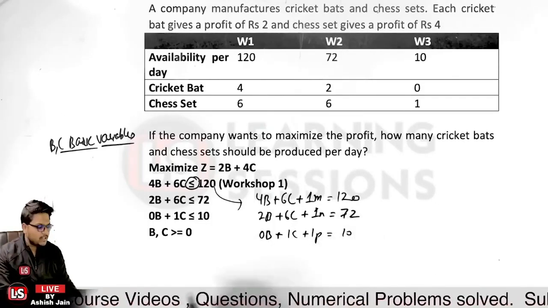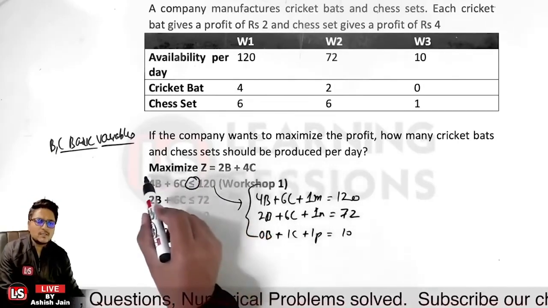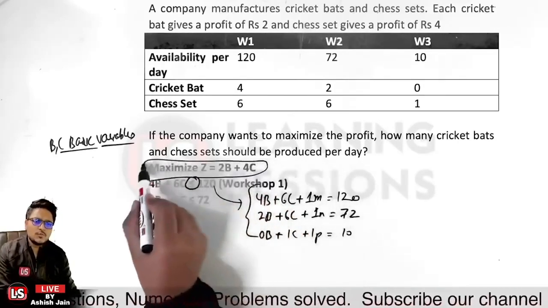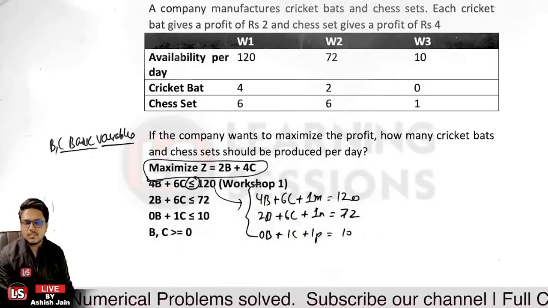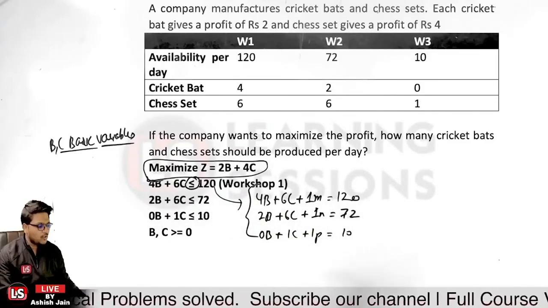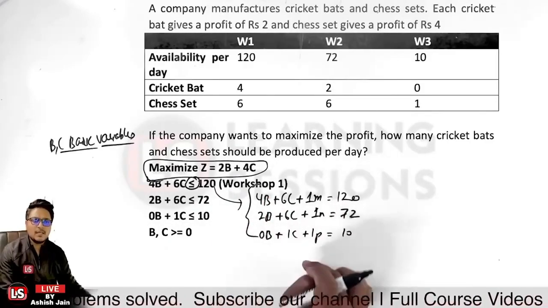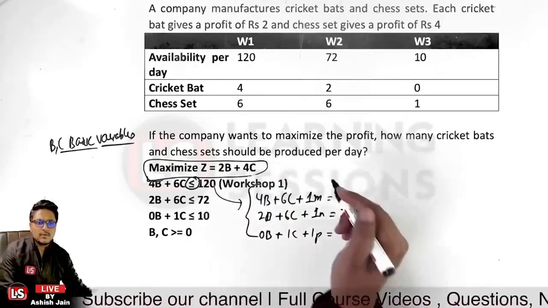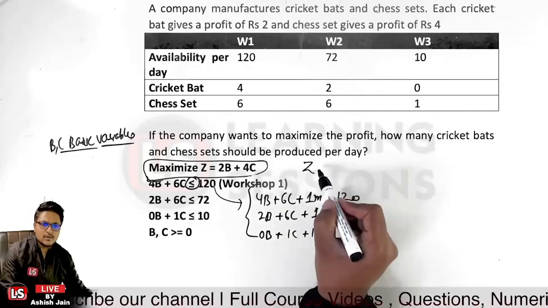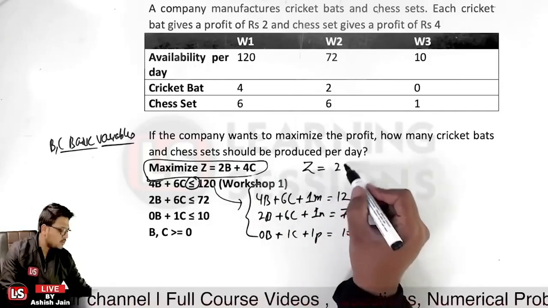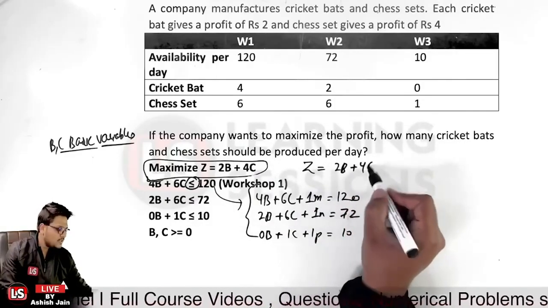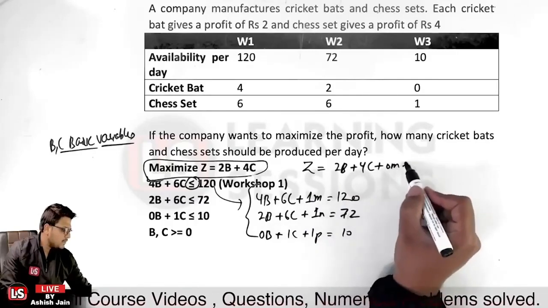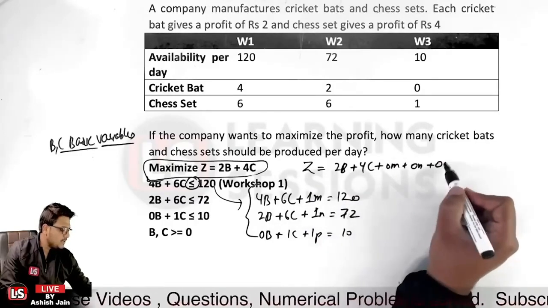Further, to maximize this objective function, we must rewrite it. Because m, n and p are not included in it, we can write the z function as z is equal to 2b plus 4c plus 0m plus 0n plus 0p.